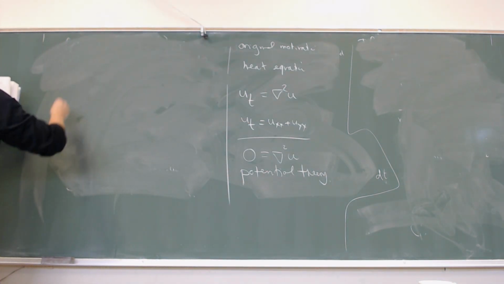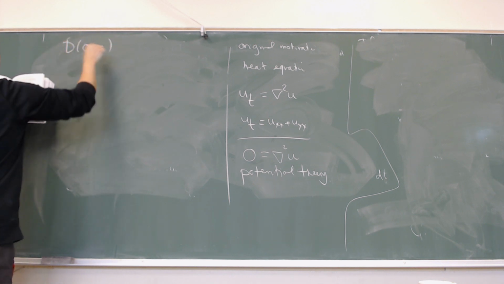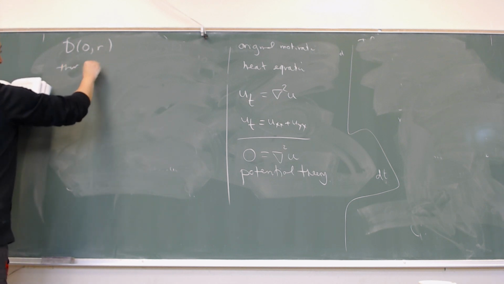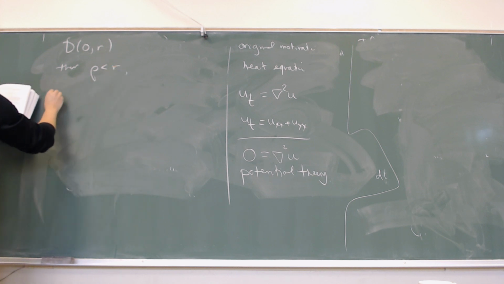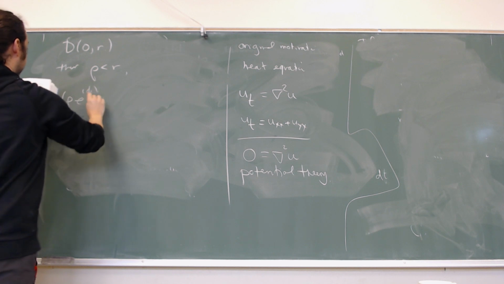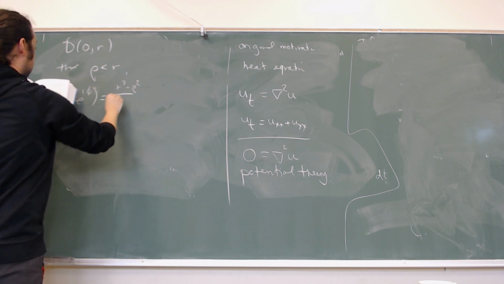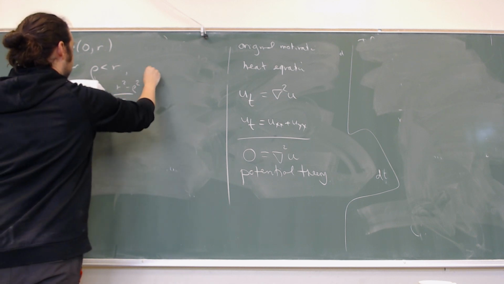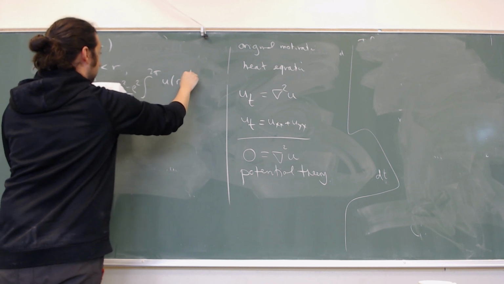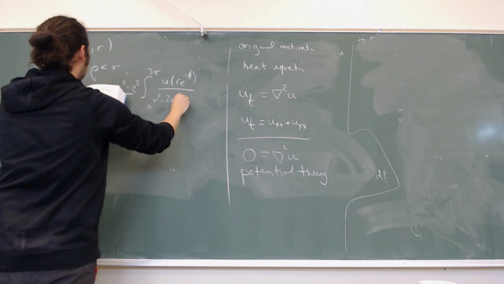This is used all the time in computation. So we're going to work with the disk centered at 0, radius r, so I don't have to try to interpret the formula. Then, for rho less than r, you get u of rho e to the i phi is equal to r squared minus rho squared over 2 pi times the integral from 0 to 2 pi of u of r e to the i theta over r squared minus 2 r rho cos(theta minus phi) plus rho squared, d theta.